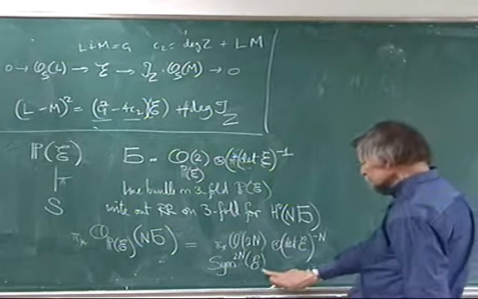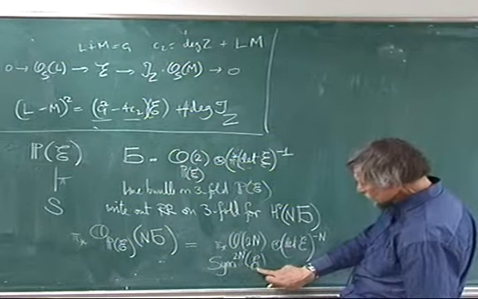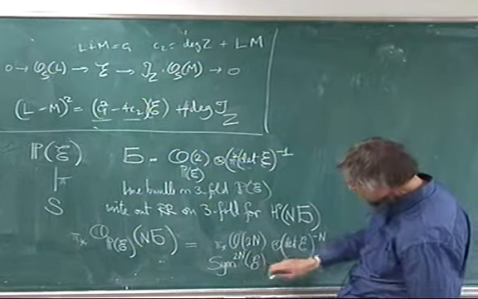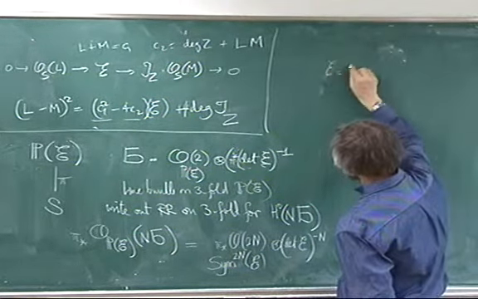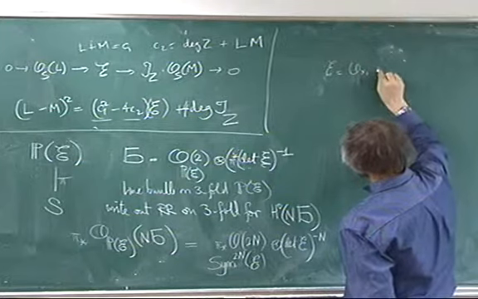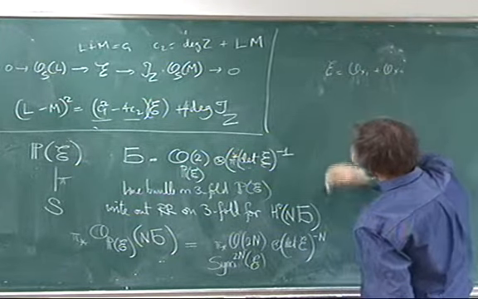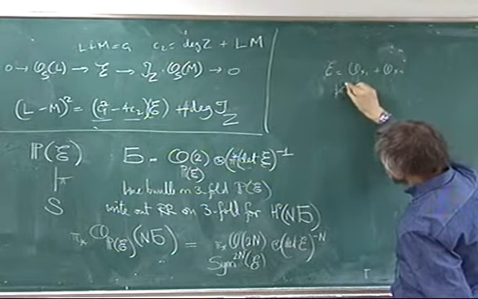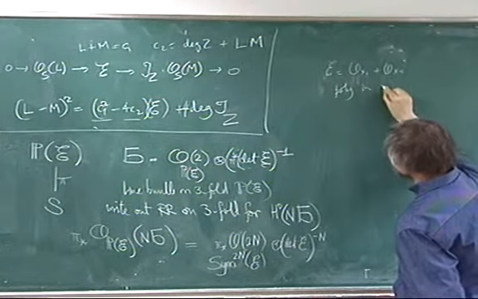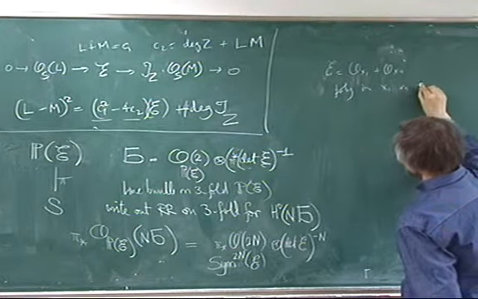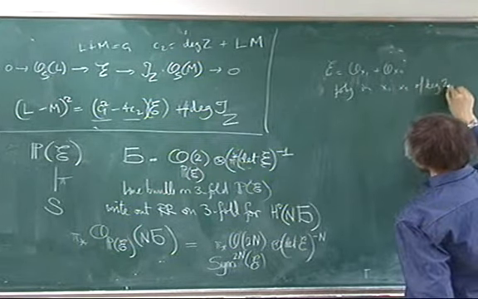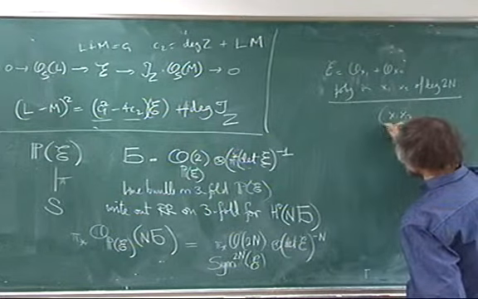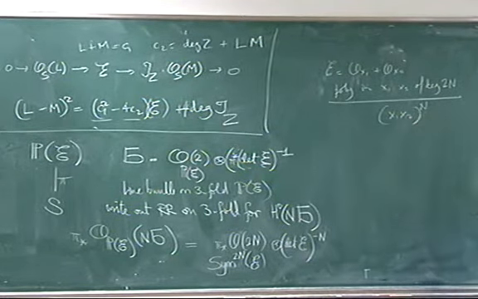So what have I got here? These are symmetric tensors on E. If E is O x1 plus x2, the thing I've got is polynomials in x1, x2 of degree 2n divided by (x1, x2) to the power of n.